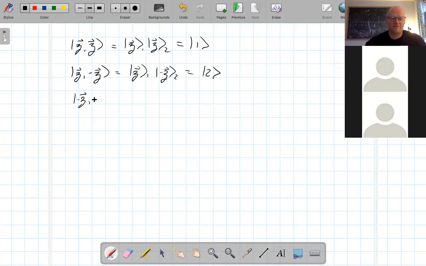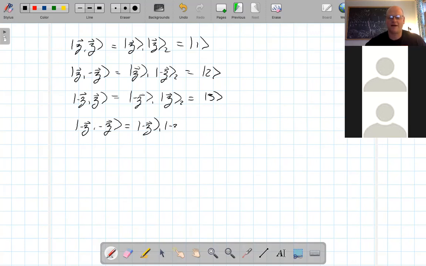Minus Z, Z, so I get minus Z for particle 1, positive Z for particle 2, is equal to the three state. And then finally minus Z, comma minus Z, equal to minus Z particle 1, minus Z particle 2, I'm going to call simply the four state for now. Okay. So that way we won't have to write all this stuff out over and over again. Okay.